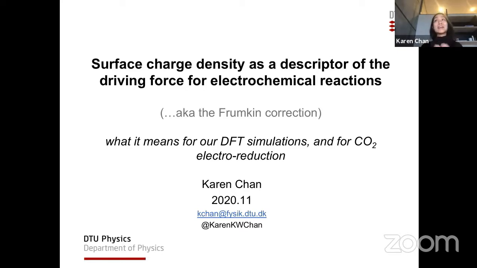And this is not entirely new. It really is a reformulation of the Frumkin correction to the Butler-Volmer equation for the diffuse layer. And I will explain why that is, and the implications this has for how we should do our DFT simulations and for how we understand electrochemical CO2 reduction as well.